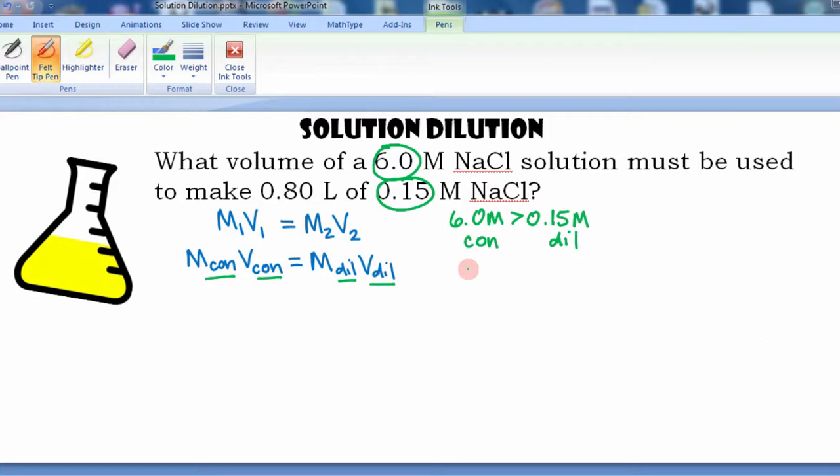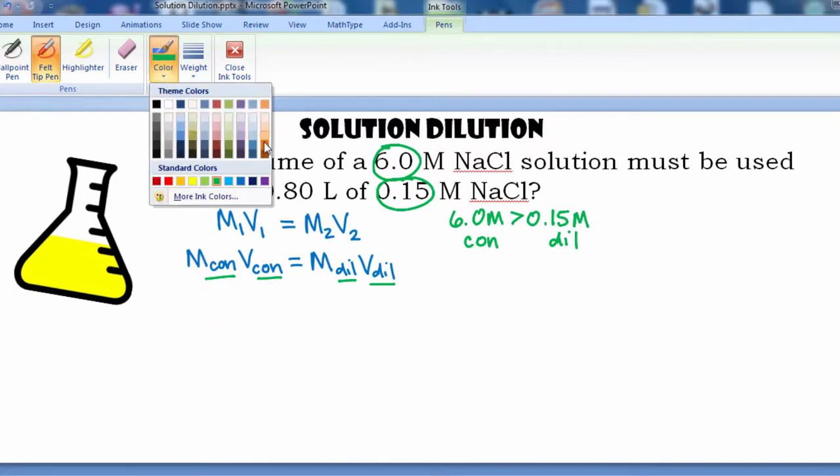So we're making 0.8 liters of the dilute solution. Okay, we're making that volume of the dilute solution.